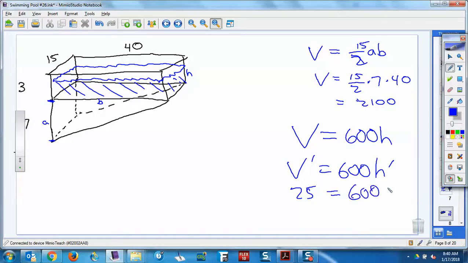So there's H prime right there, 25 over 600 feet per minute. Because we had cubic feet, we divide by square feet, because this was 15 times 40, so that was square feet, right? So part B is the easier part, okay, because it's up above there. And so it's just going to be a constant no matter where it is. Okay. So the bottom part is the trickier part.